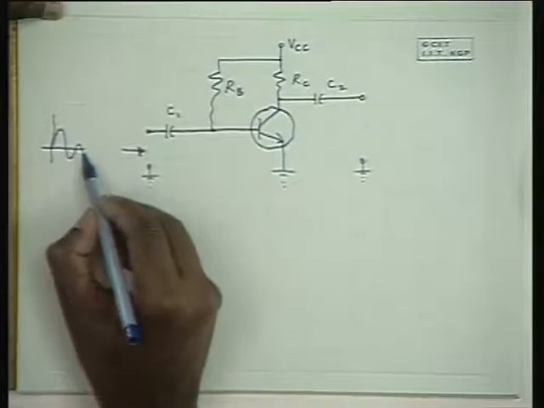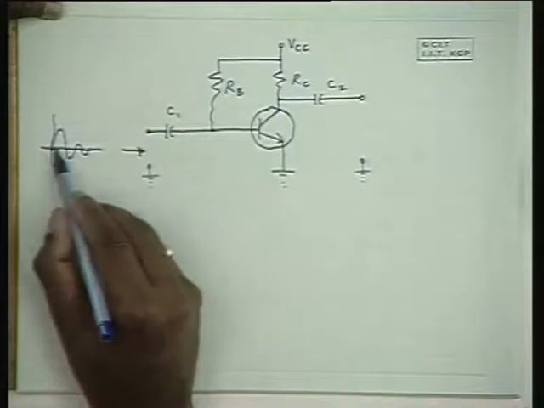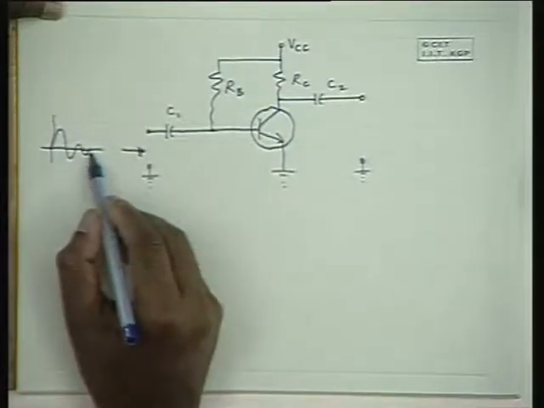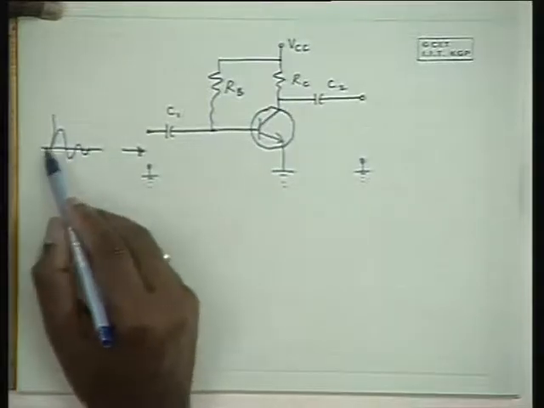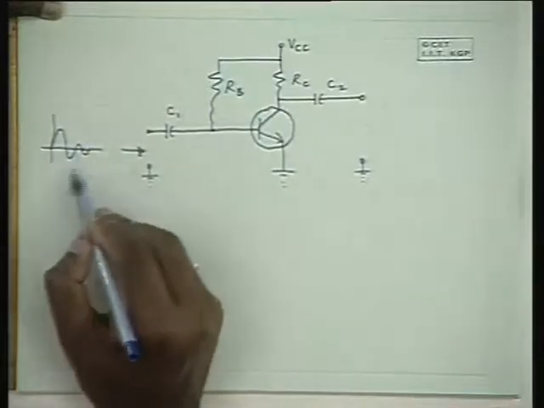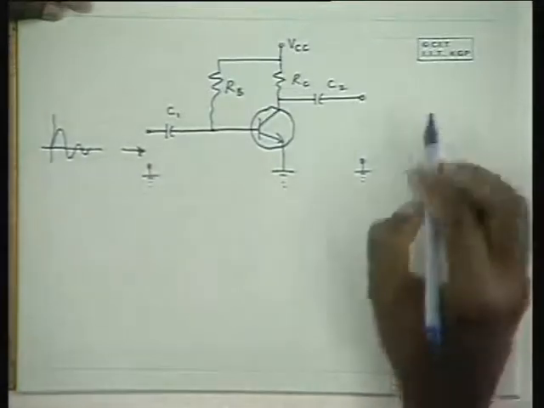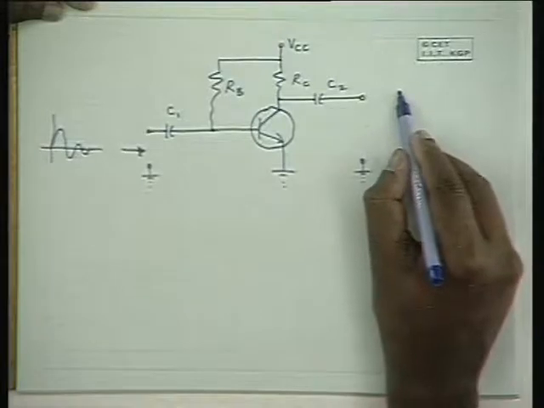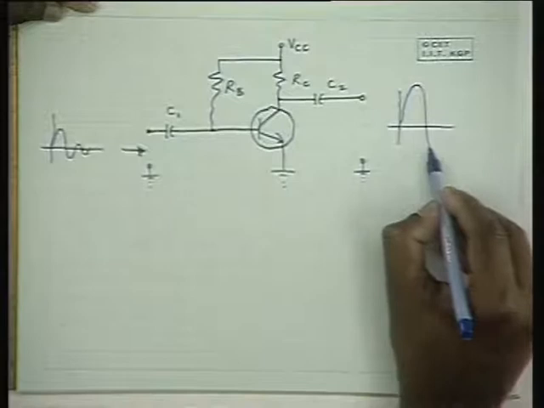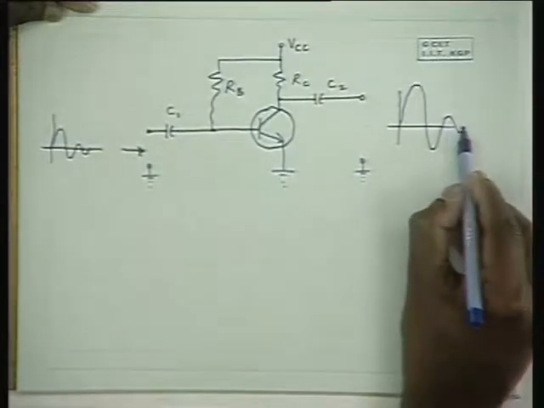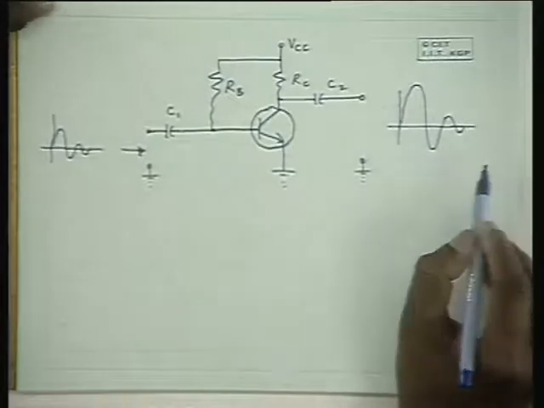It may be that it is an alternating signal with mean equal to 0. It means its DC component is 0, but it has non-zero AC components. Then at the output, again we get an amplified version of these signals. That means you will have a strong AC component and a DC component is absent in the output.